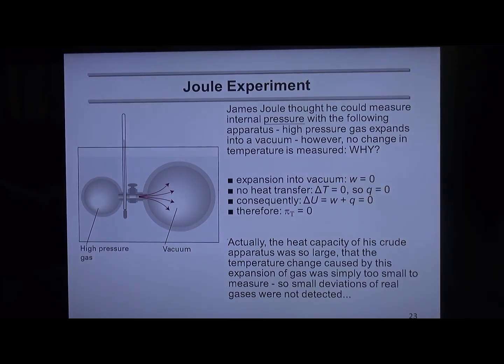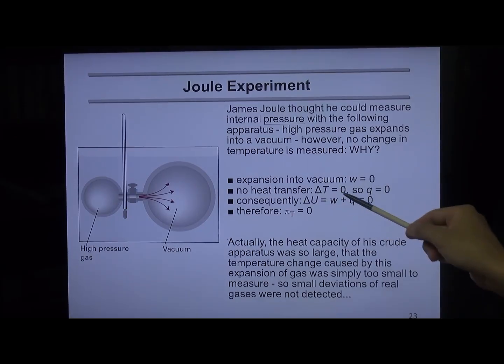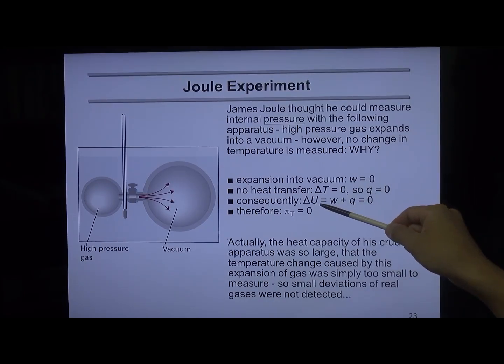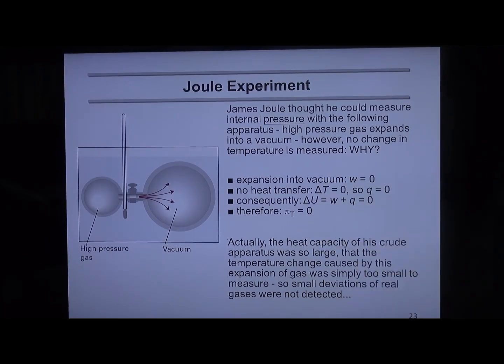Temperature did not change when he did the experiment, which means that there is no heat transfer. Q is 0, W is 0, which means that delta U is 0. If delta U is 0, internal pressure is 0, right? So he concluded, based on his experiment, that internal pressure is 0.